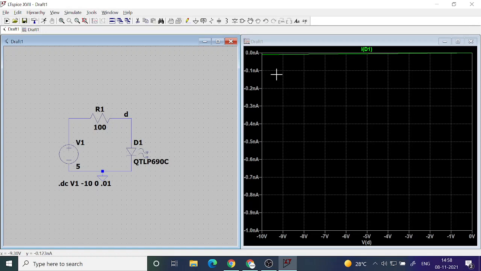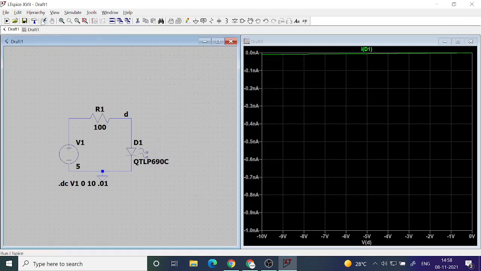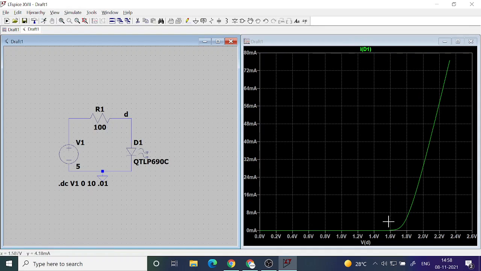Okay, what is your question regarding that? Sir, when we have taken 100 ohm resistance, all the voltage gets dropped across the 100 ohm resistance, then very little voltage is across the diode. But sir, still the current is increasing.